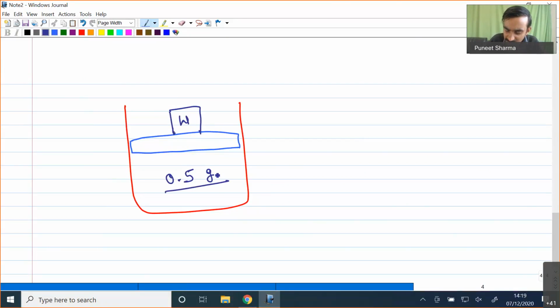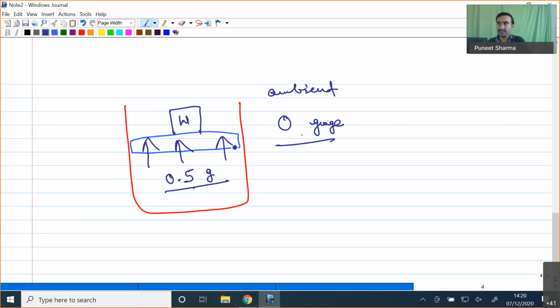Now outside we have the ambient, so the outside pressure will be 0 gauge. Inside pressure is 0.5 gauge, which is greater than 0 gauge, so obviously the piston will be displaced in the upward direction. Is this point clear? This is the physical significance of gauge pressure. This time it is positive.